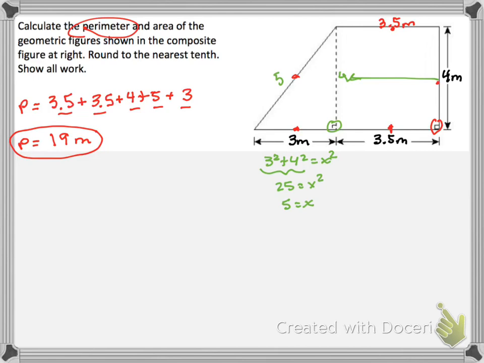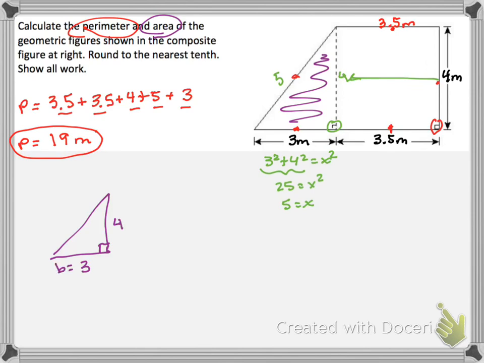All right, now we need to find the area of this composite figure. So I have a rectangle and I also have a triangle. My triangle, this piece right here, is a right triangle. In right triangles, this would be my base and this would be my height.